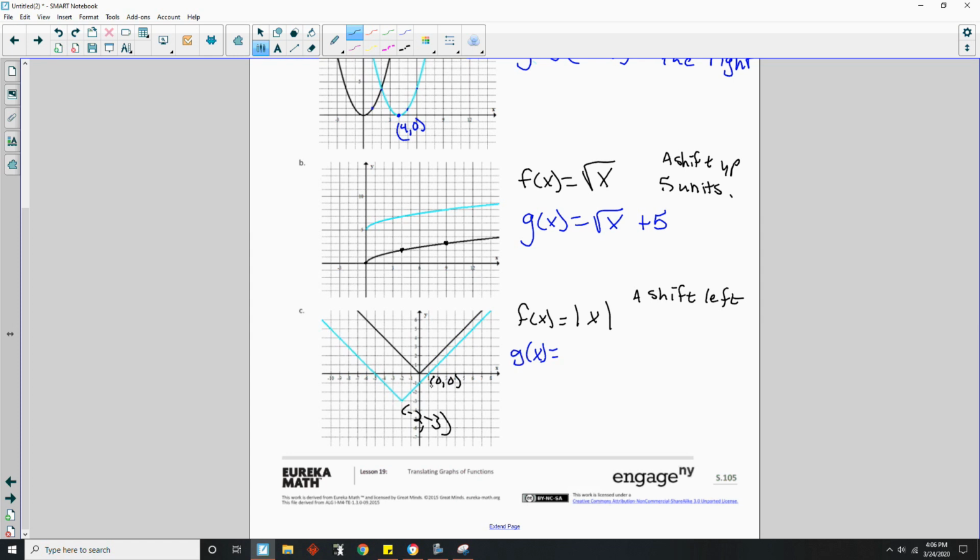Left-right shifts are your x, so I went from 0 to negative 2, so that's a shift left of 2 units. And a shift down, 0 to negative 3 is a shift down 3 units.